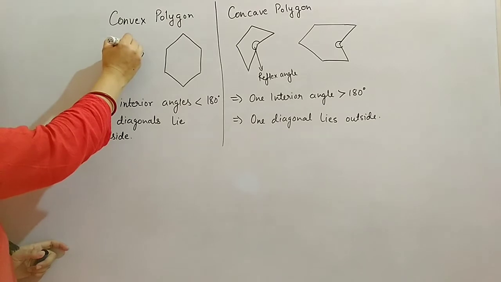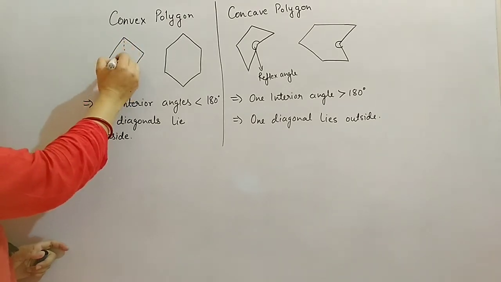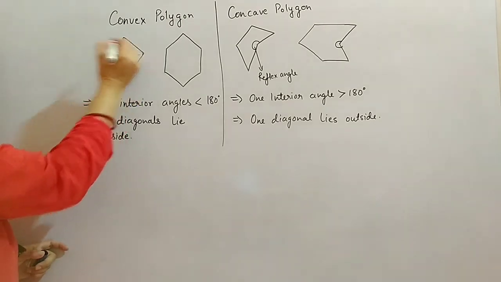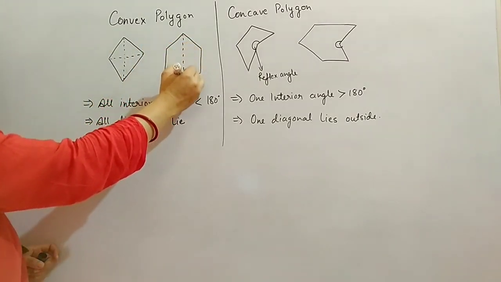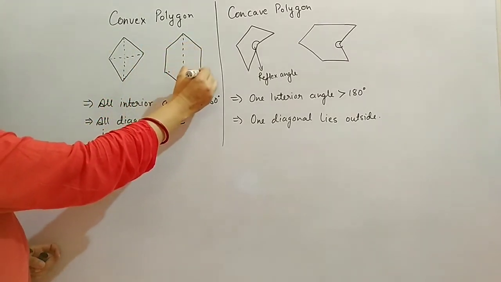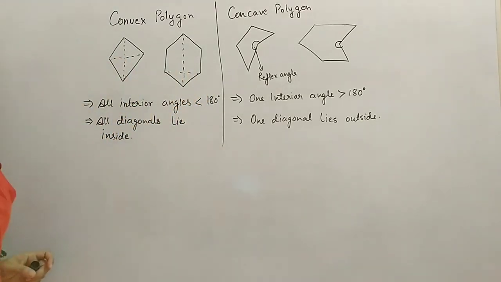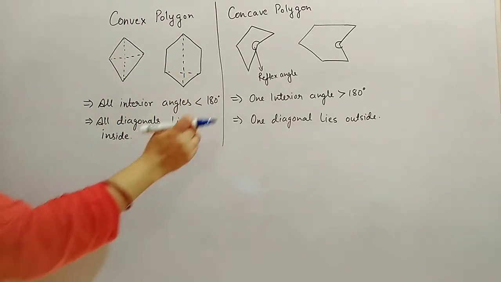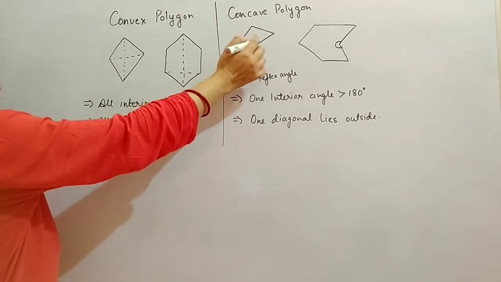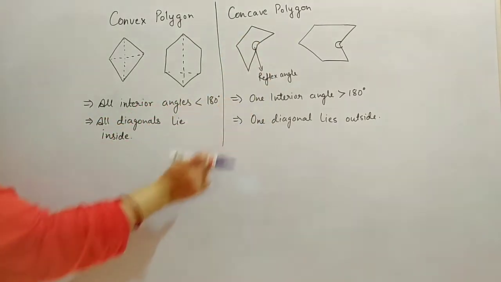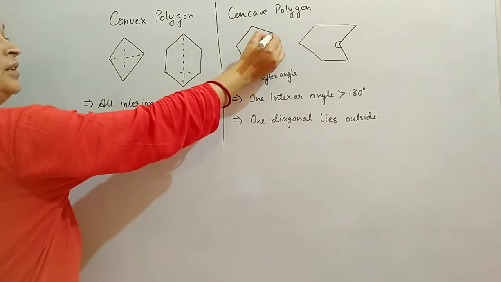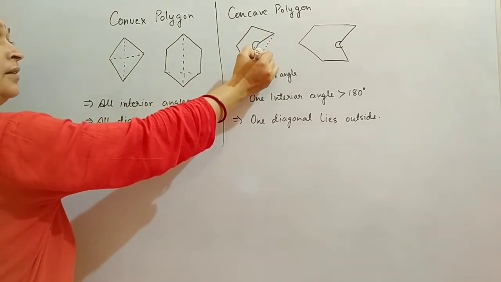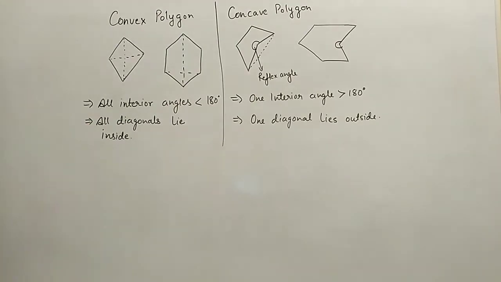If you draw a diagonal, meaning if we join two non-adjacent corners, then these diagonals are inside the polygon. And concave means any one interior angle will be more than 180 degrees and then a diagonal will lie outside the figure. If you draw, at least one diagonal will be outside the figure.